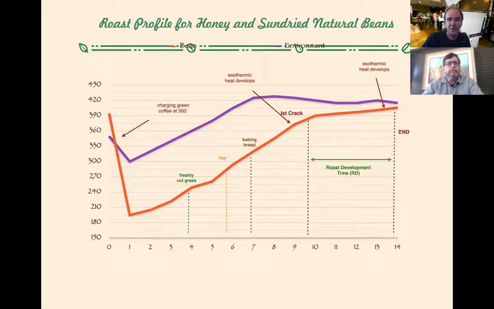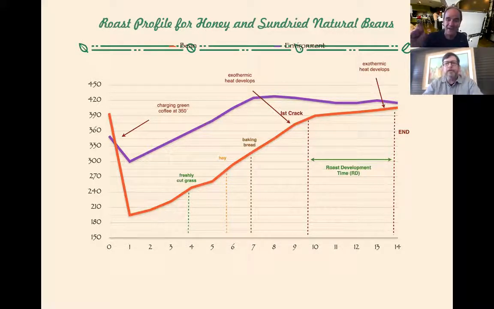We're showing you a graph that over accentuates the different milestones. For example, the roast development time indicated here is not something that I would recommend you to do, because with such a long roast development time, it would for sure lead to overdeveloped or even over roasted or even burnt beans.